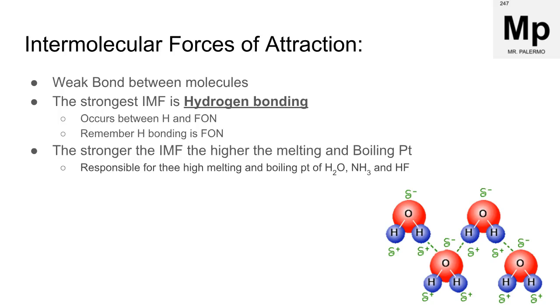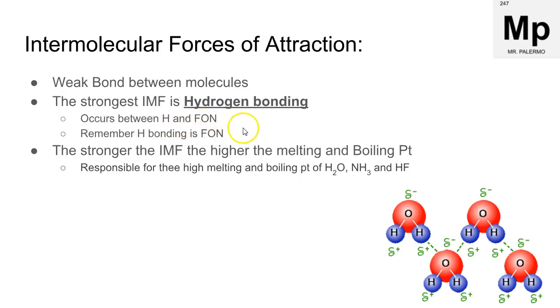And last but not least, we have our intermolecular forces of attraction. This is the attraction between our molecules. There are varying degrees of attraction, but the strongest intermolecular force of attraction occurs between hydrogen and either fluorine, oxygen, or nitrogen. So H bonding is fun.